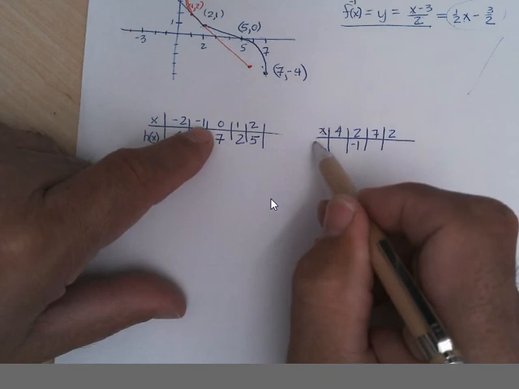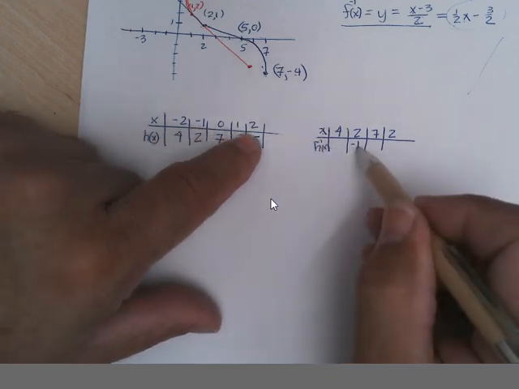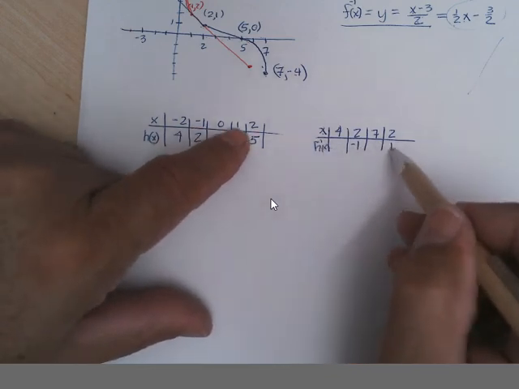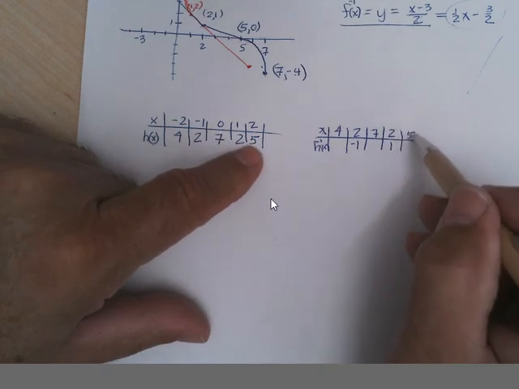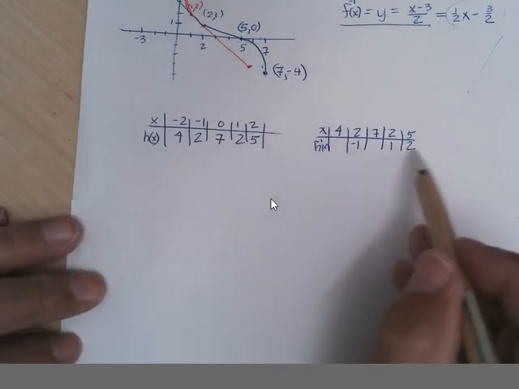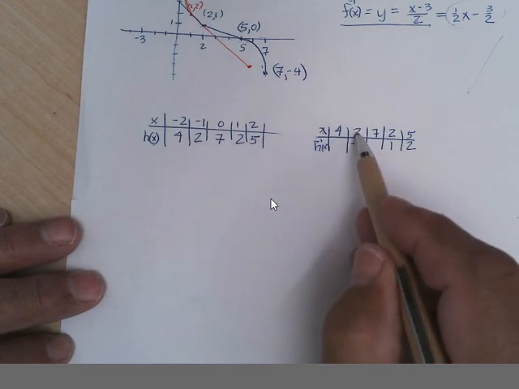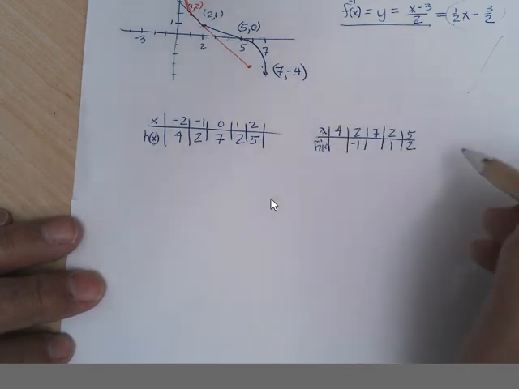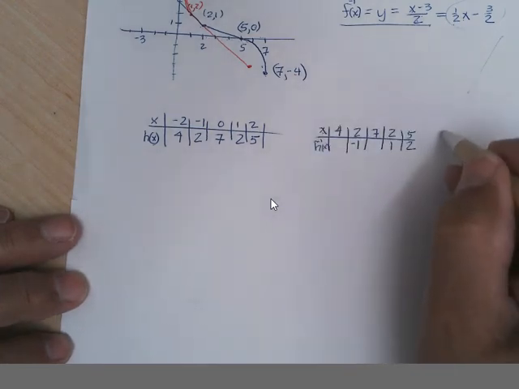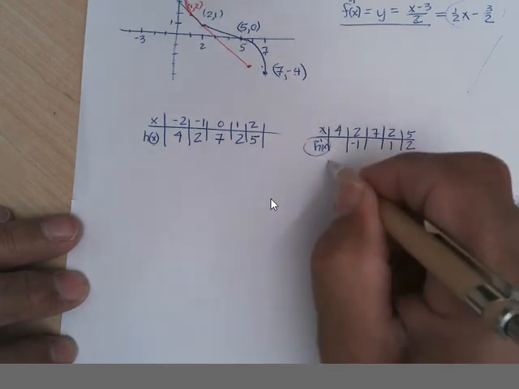This would be h inverse. And I'm putting in a 2 and I get plus 1. Just to finish, I would have put a 5 and a 2. But this means h inverse is not a function because I put in 2 and I get 2 possible outcomes. So in this table, h inverse would not be a function.